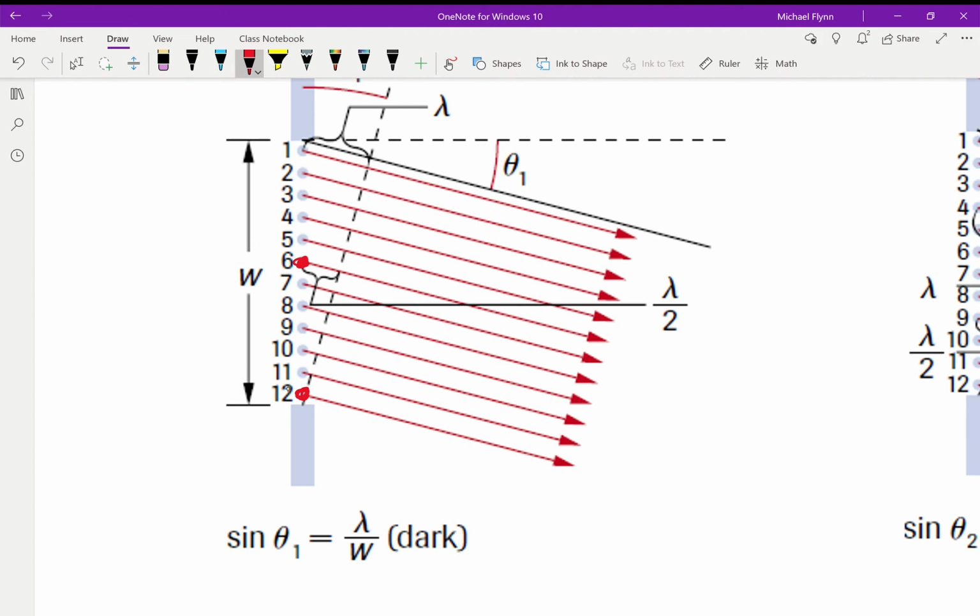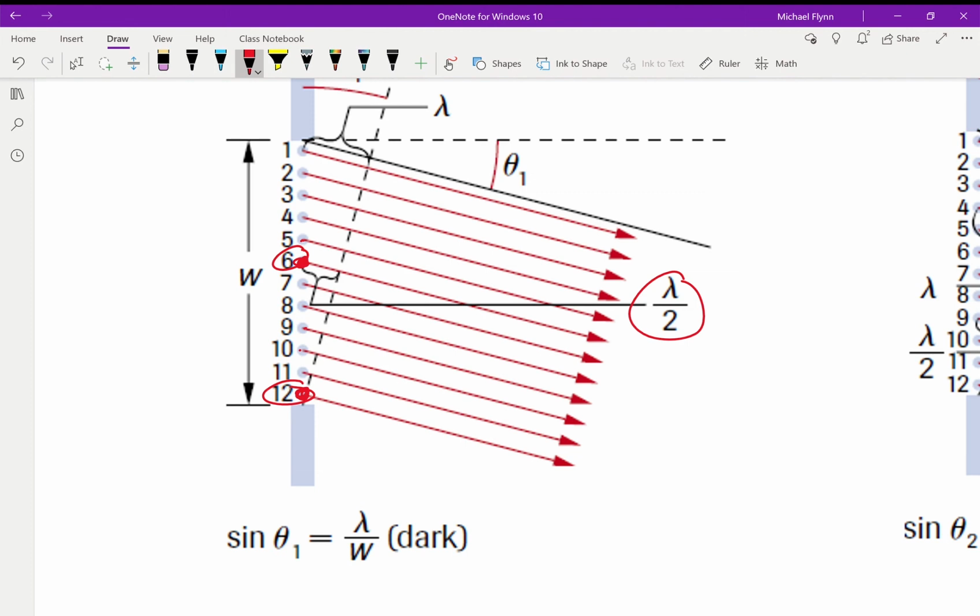If the path difference is half of a wavelength between number 12 and number 6, then it will also be half of a wavelength between 11 and 5, and between 10 and 4, and between 9 and 2, and 7 and 1. And if that happens, I will get a dark spot, when exactly this condition is met.